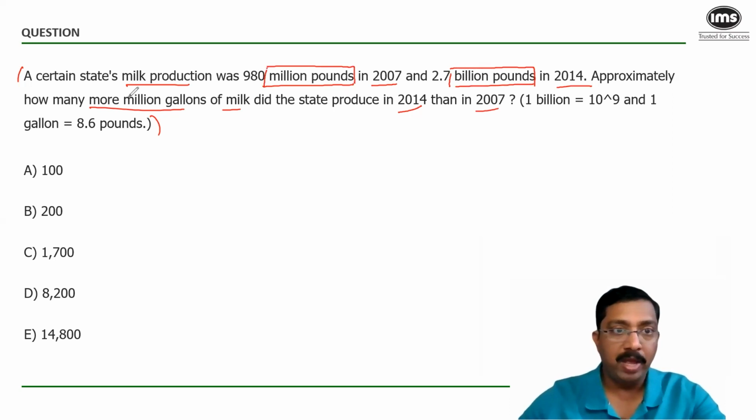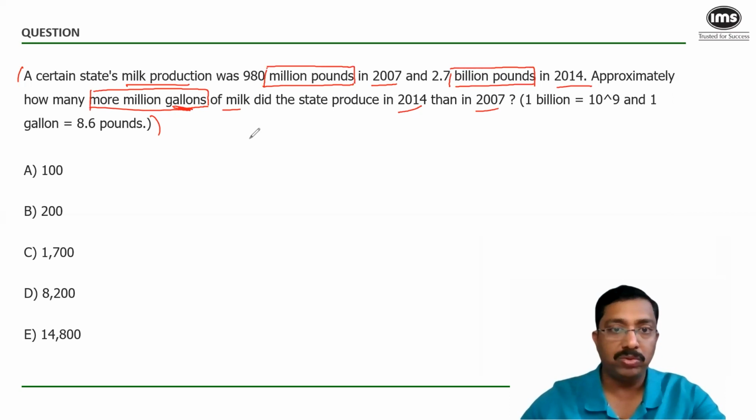And now, when it comes to the questioning part, he's asking you in million gallons. Got it? This is not asked in pounds. It's asking in gallons. So there's a need to bring the units common. Somebody trying to work the question, assuming it's just a matter of subtraction, will fall into a trap.